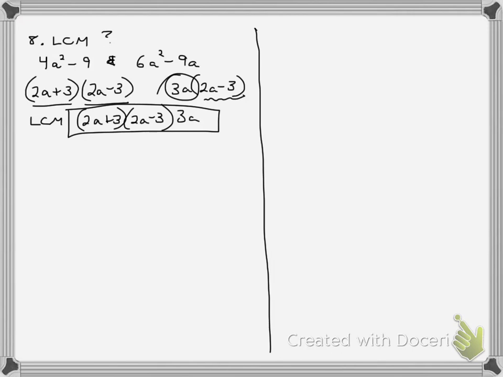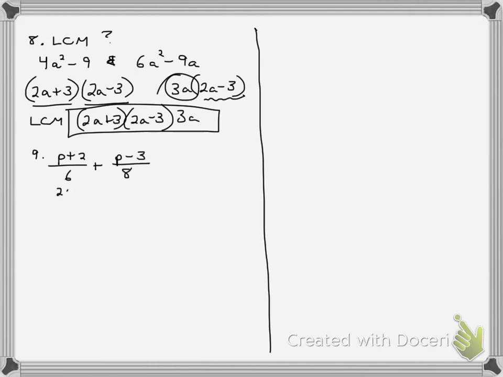So review that idea, go to the appropriate section if you need more practice there. And next one, 9, it says add. What do you need to be able to add fractions? You need a least common multiple, or the least common denominator. What is the least common denominator between 6 and 8?